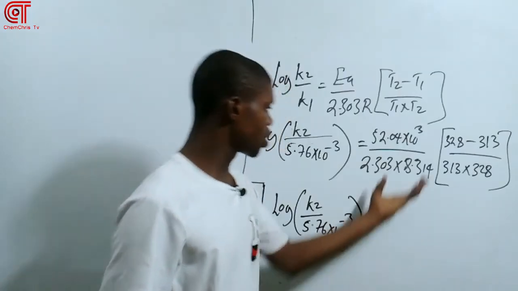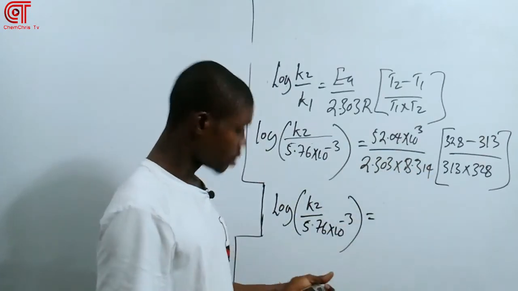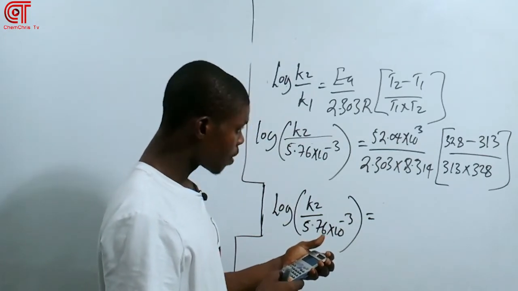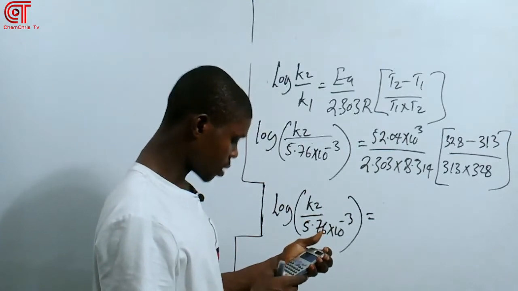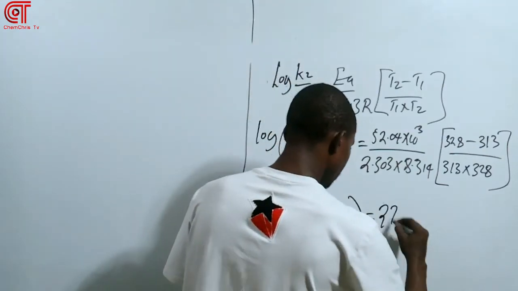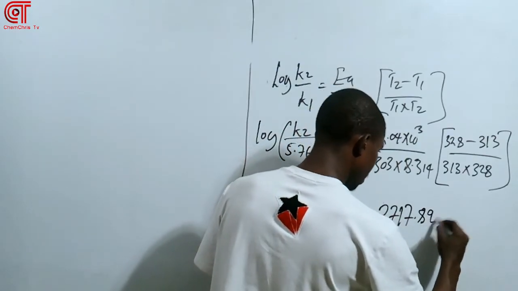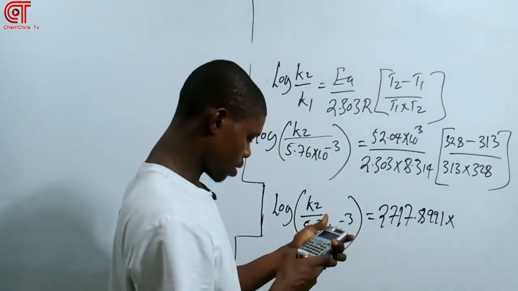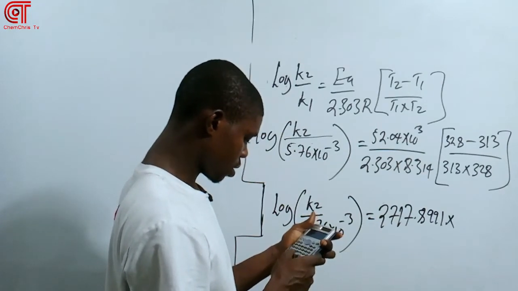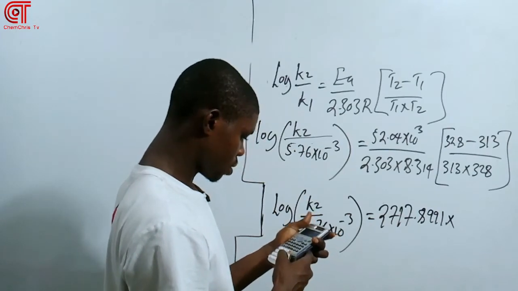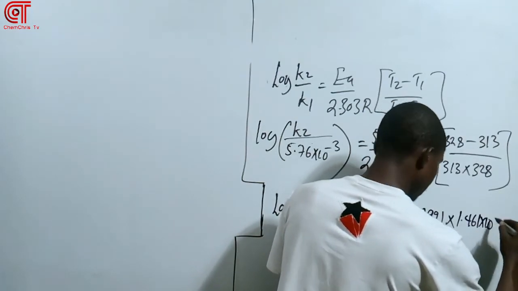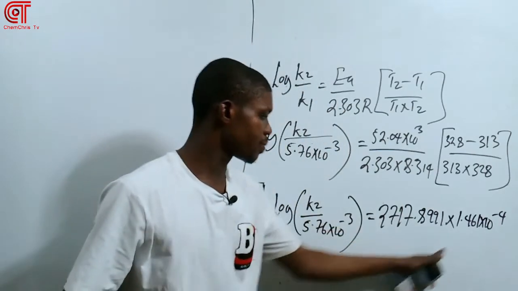Evaluate all of this: 52.04 times 10 to the power of 3 divided by 2.303 times 8.314 gives 2717.899, times 328 minus 313 divided by 313 times 328, which gives 1.46 times 10 to the power of minus 4. So what you want to do is to multiply the two of them.